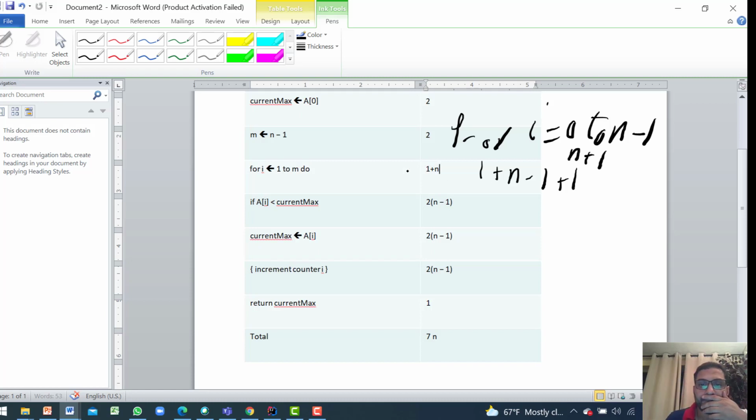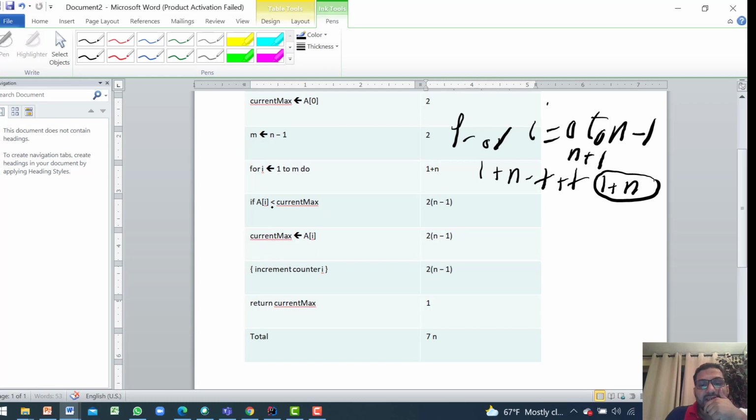So here I have the one of the assignment i equal 1, and n minus 1 time comparison plus the one that I'm gonna have to exit from the loop. So the total number of this comparison is gonna be 1 plus n for this step only.